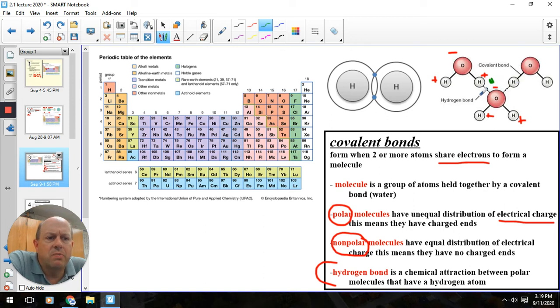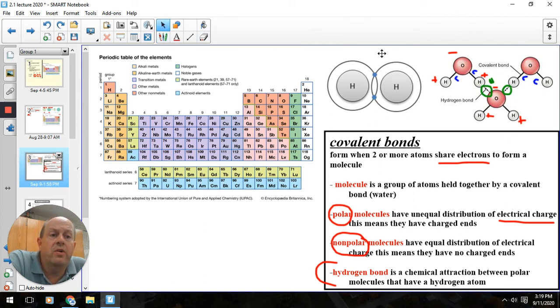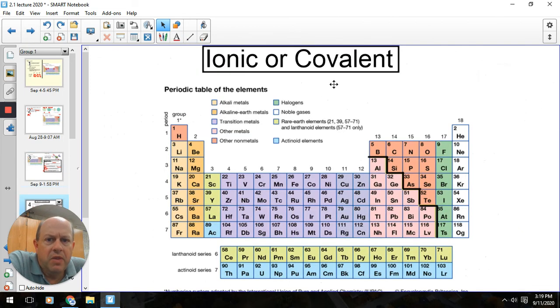So hydrogen bond here, hydrogen bond here. However, this is not a hydrogen bond. This would be the covalent bond. Okay, same here. These would be the covalent bonds. So that hydrogen bonding is a relatively strong little bond, and that's going to give water a whole bunch of really special properties that we'll talk about in Chapter 2, Section 2. But that is some of the covalent bonding.